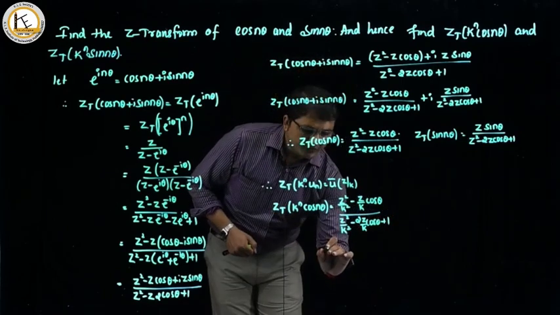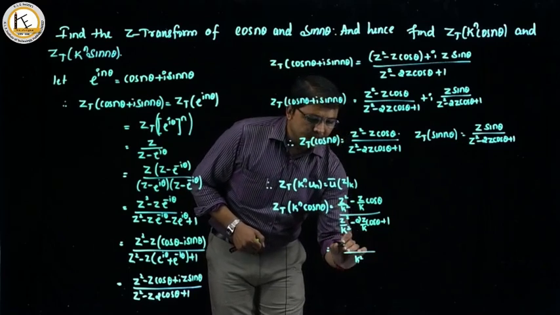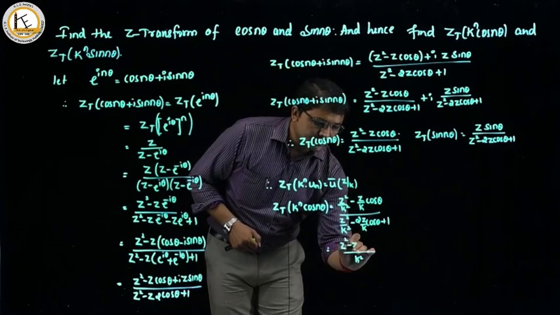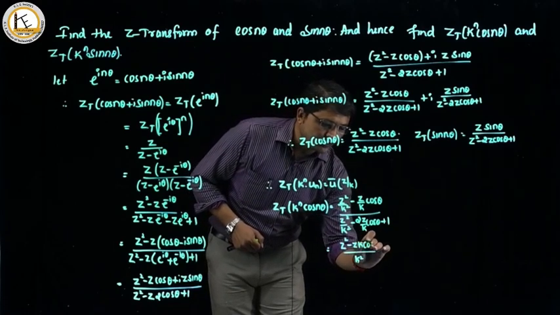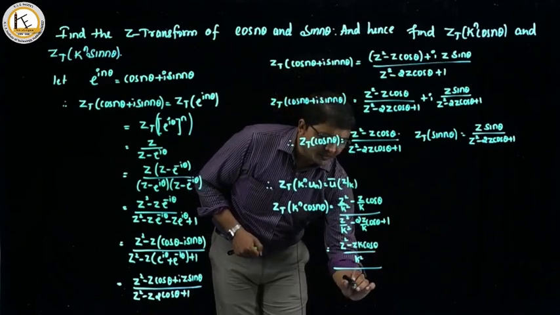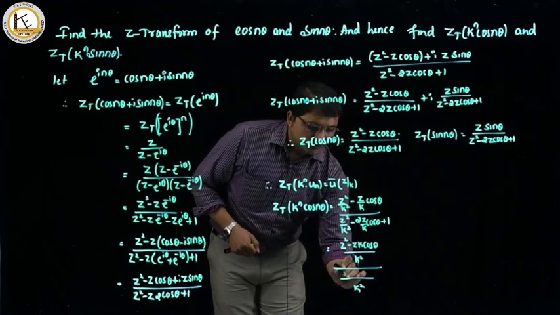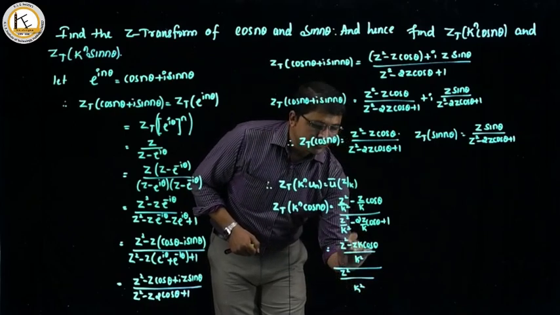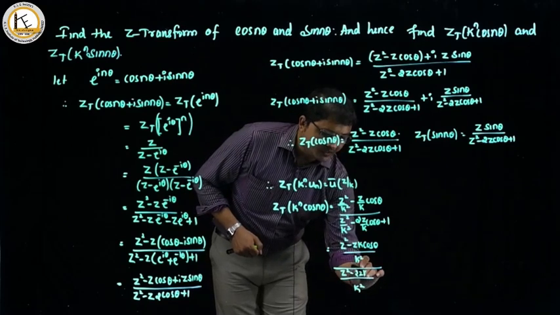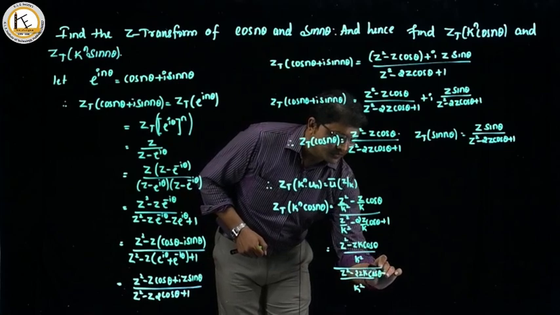Simplifying it further, k square is the LCM, and here z square will remain as it is, minus zk into cos theta, whole divided by, taking LCM in the denominator, k square once again, so z square minus 2zk into cos theta plus 1.